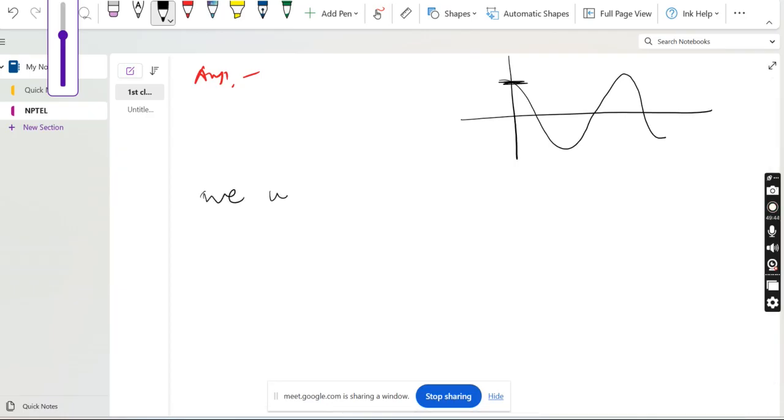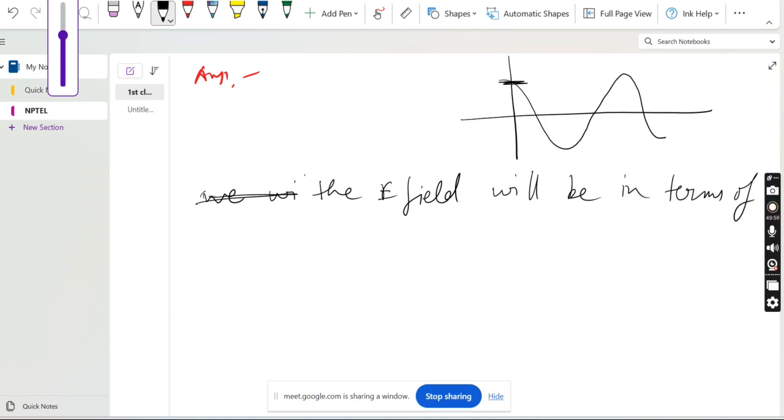So we will write the electric field in terms of cos function.